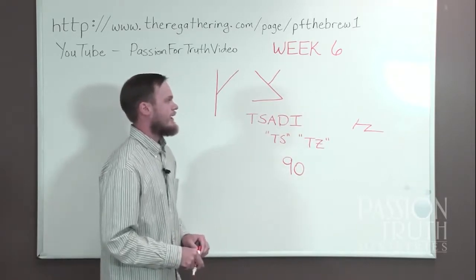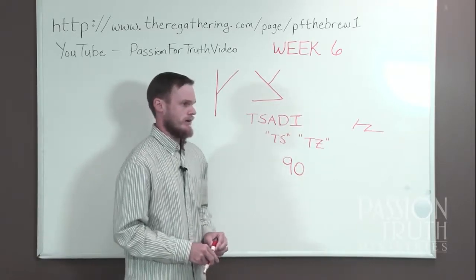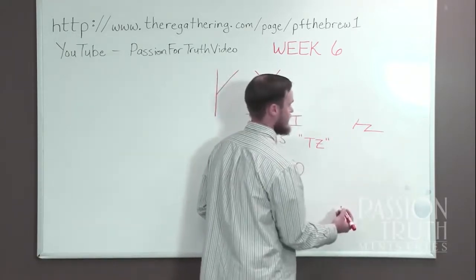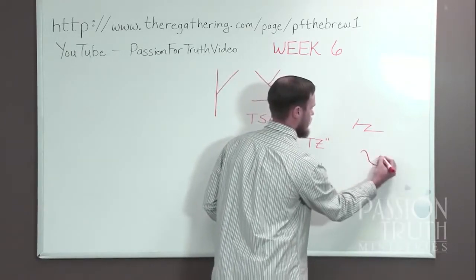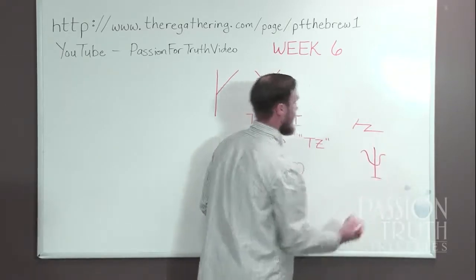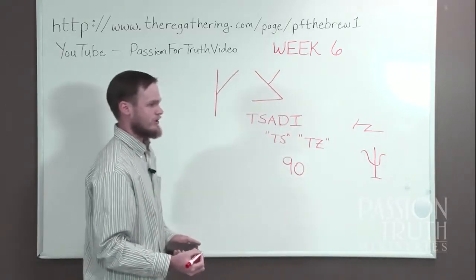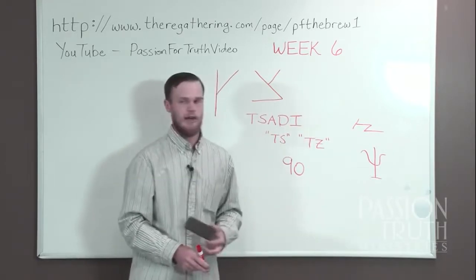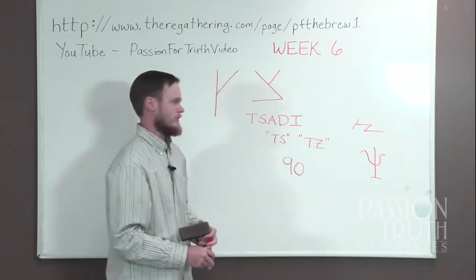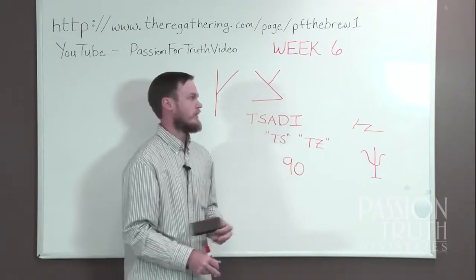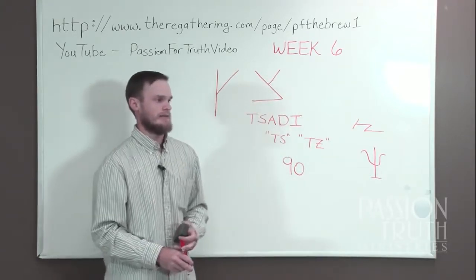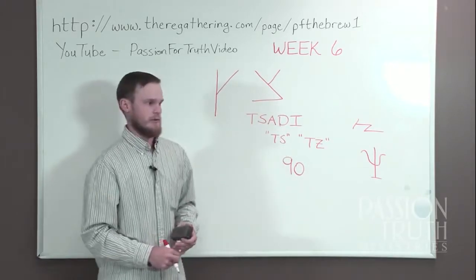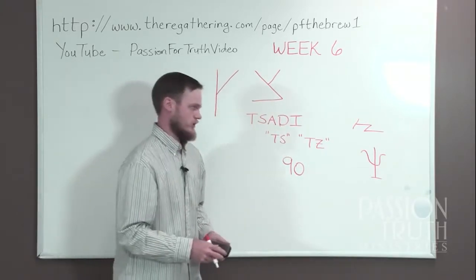The Tzadi does not have an English equivalent per se. It is possible that it became the Greek psi, which makes a PS sound instead of a TS sound. If it is the psi, it's out of order. It doesn't occur in the regular order like Aleph, Bet, Gimel, Dalet, Alpha, Beta, Gamma, Delta, and a lot of other sequences in the Hebrew language match sequences in the Greek.